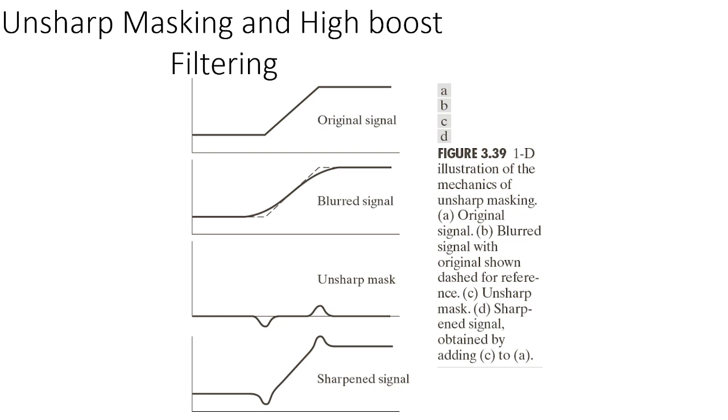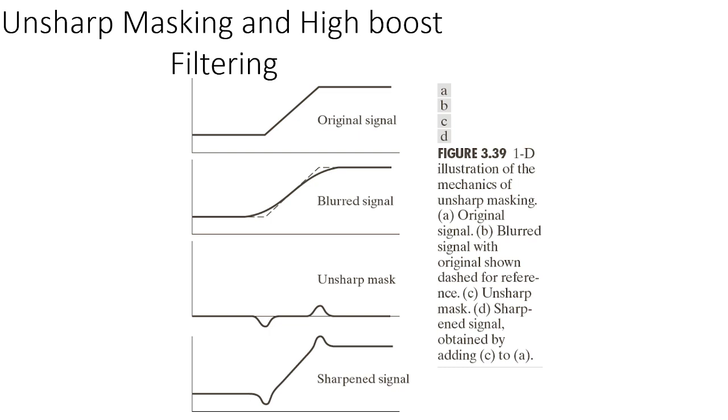This is the next topic we are going to see: unsharp masking or high boost filtering. For example, this is the original image. The first represents A, the second represents B, C, D, and the graph also has A, B, C, D. The first represents the original signal, and this is the intensity range, so we are plotting the intensity range in the form of a graph. The next one is the blurred signal with the original dashed.